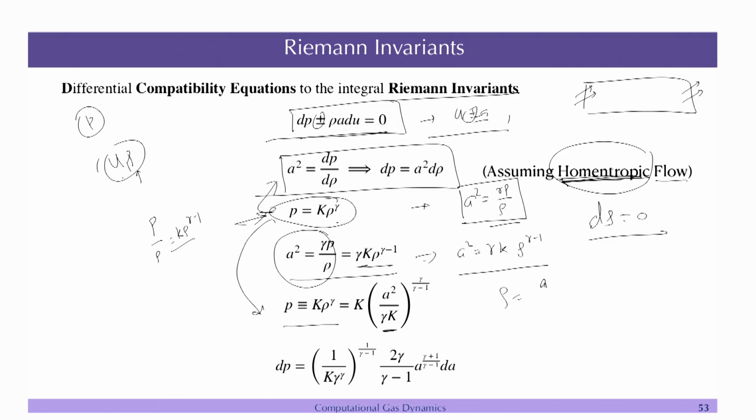Now, again we use the same relation, with some mathematical manipulations. So, p equal to k rho to the power gamma, and we replace rho using this relation for a squared. So, a squared equals gamma k rho to the power gamma minus 1, and rho will be a squared by gamma k, to the power 1 by gamma minus 1. And now you have p equal to k rho to the power gamma.